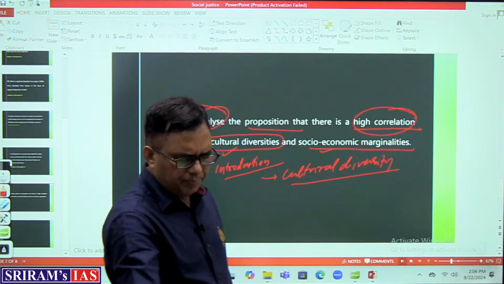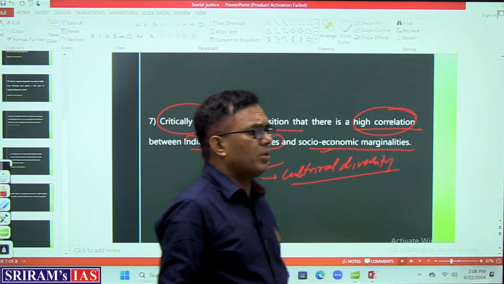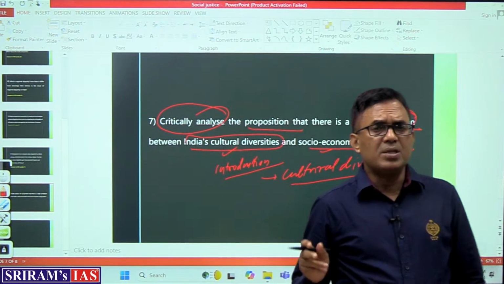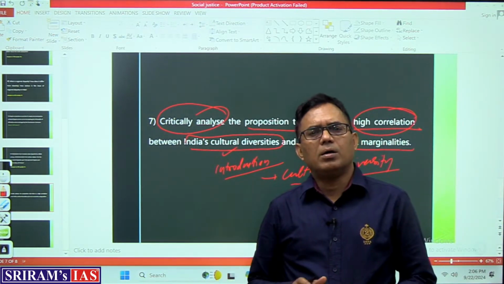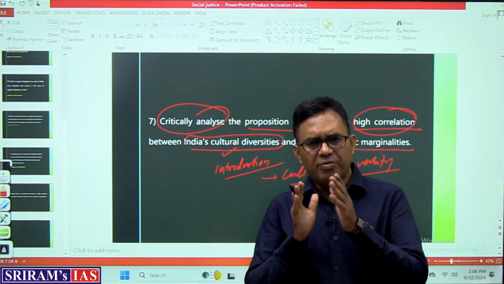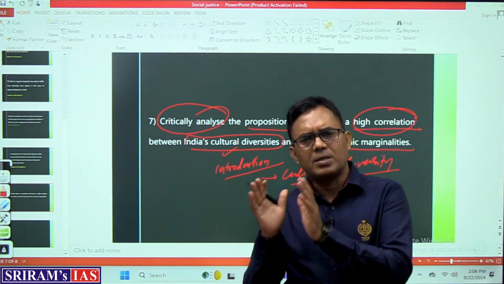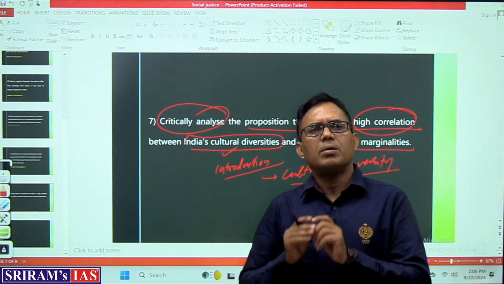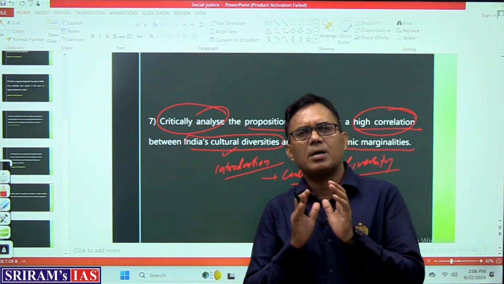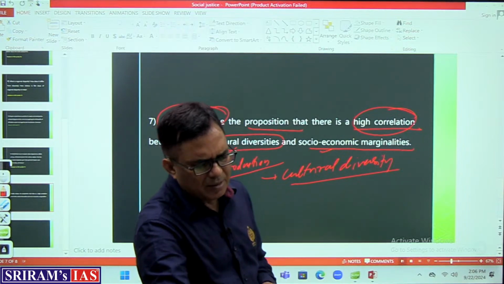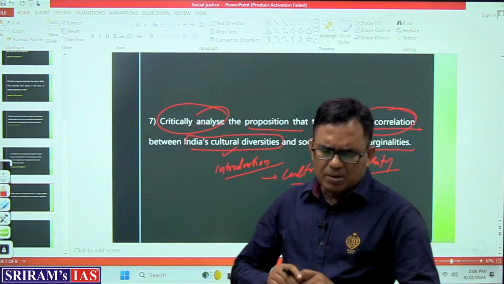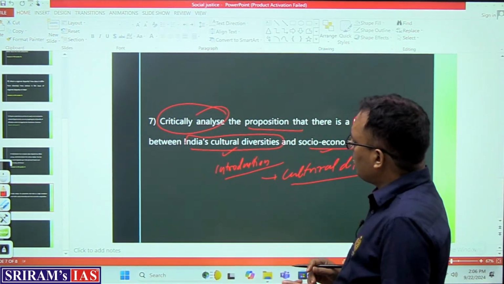When we have to go for the body structure, we can say that if we have a picture in larger perspective, we find yes, there exists some correlation between cultural diversity and socio-economic marginalization. Marginalization could be of two types.